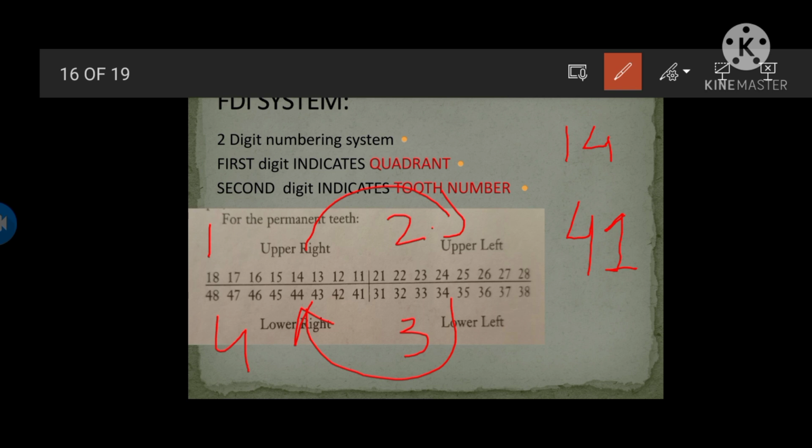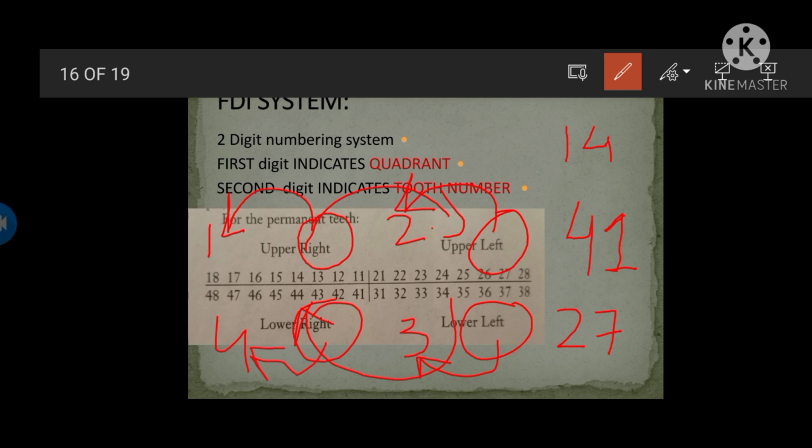In the same way, if I want to indicate any tooth from the upper arch, like from the left side the second molar, it would be 2, 7, because right side is 1, left side would be 2 in the maxilla. And if we talk about the mandible, left would be indicating the third quadrant and right would be indicating the fourth quadrant. In this way, the first digit would be indicating the quadrant number and the second digit would be indicating the tooth number.